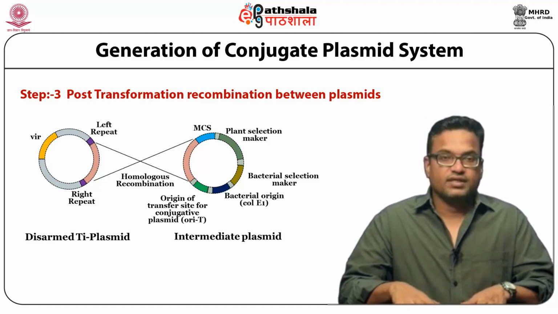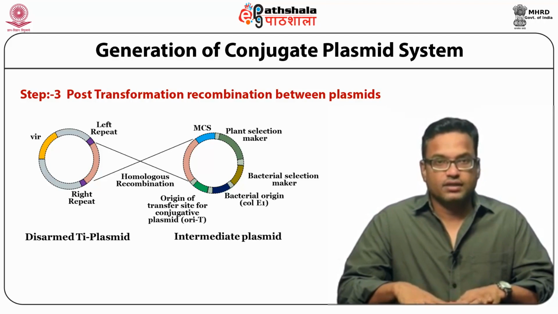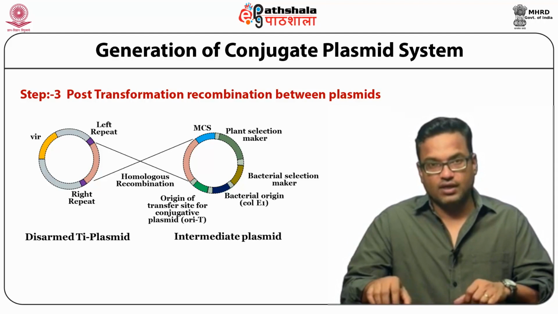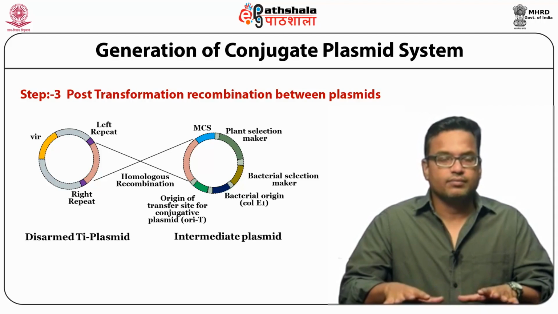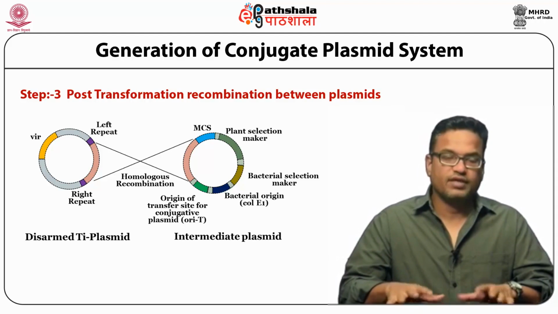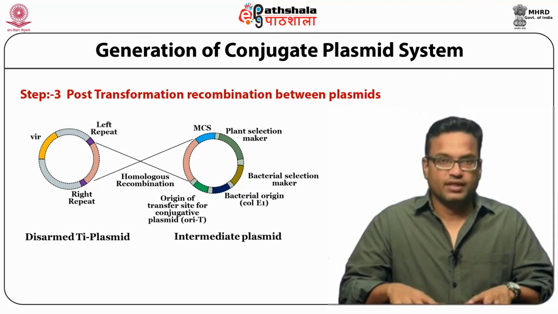So what happens in this case, the subsequent result is a conjugate plasmid which has all the characteristics, including the modified tDNA region with all the repeats as well as the virulence gene. The conjugate vector system that is eventually used to transform looks something like this.